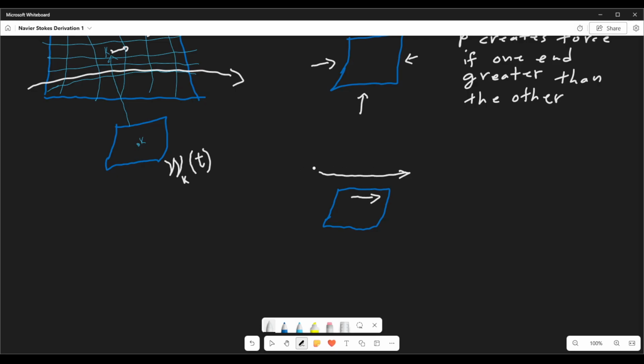What viscosity causes is, when one part of the fluid moves faster than the other part of the fluid, it causes a force. That's like a drag force.